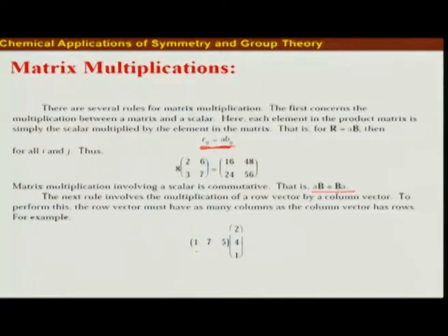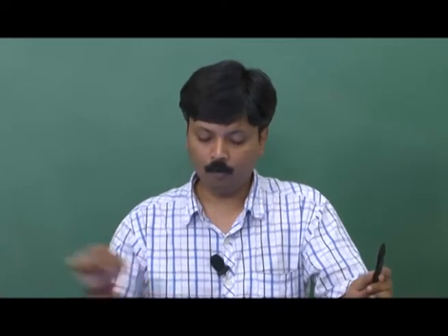This is a row vector that has 3 columns, and it can be multiplied with a column vector that has 3 rows. If I had 2 rows or 4 rows for the column vector, I could not do this multiplication. This is a very important rule, and it immediately tells you that you cannot have multiplication between any two matrices that do not follow this criterion.